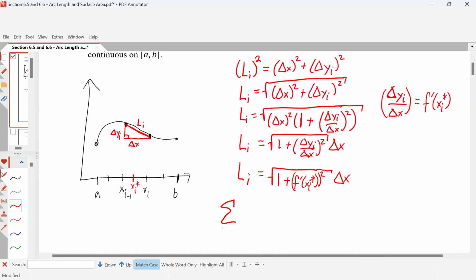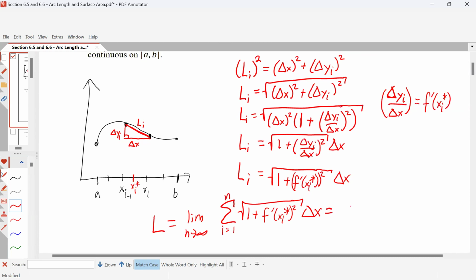Now, taking all those L sub i's and adding them up from i equals 1 to n, and then taking the limit of those as n goes to infinity, so making the intervals really, really small, this will be the length of the curve overall.